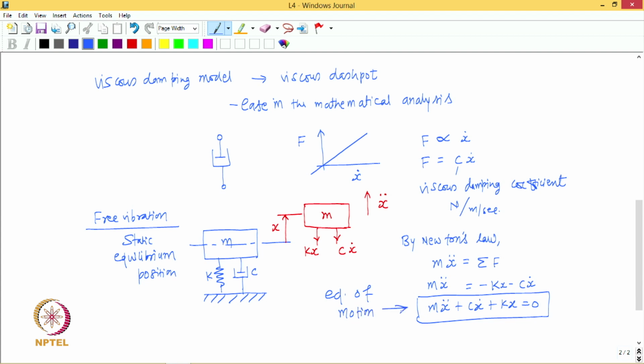Okay. So, now we would like to solve this differential equation. It is a second order, linear differential equation.